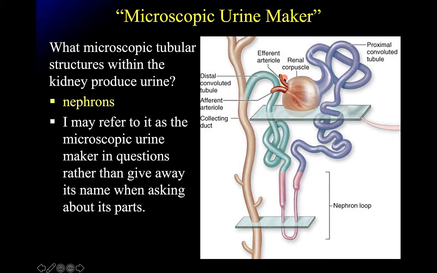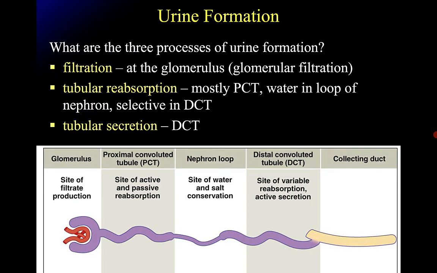Urine formation begins in that corpuscle, and we modify the urine as we work our way through the tubule component. Just because we will ask many questions about different parts of this nephron, I might refer to it on exams as the microscopic urine maker. So just associate the word nephron with microscopic urine maker.